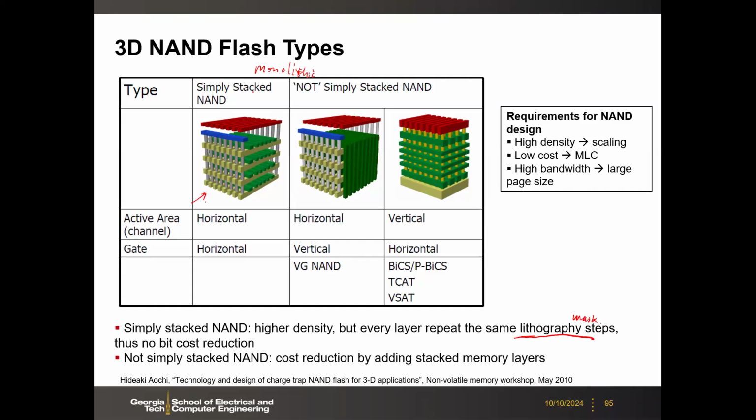If the one layer NAND flash needs 10 litho steps, 2 layers need 20, 3 layers need 30. Then you only save a little bit on the silicon wafer cost, but that's a small portion of the entire manufacturing. Let's say 80% of the cost is here.